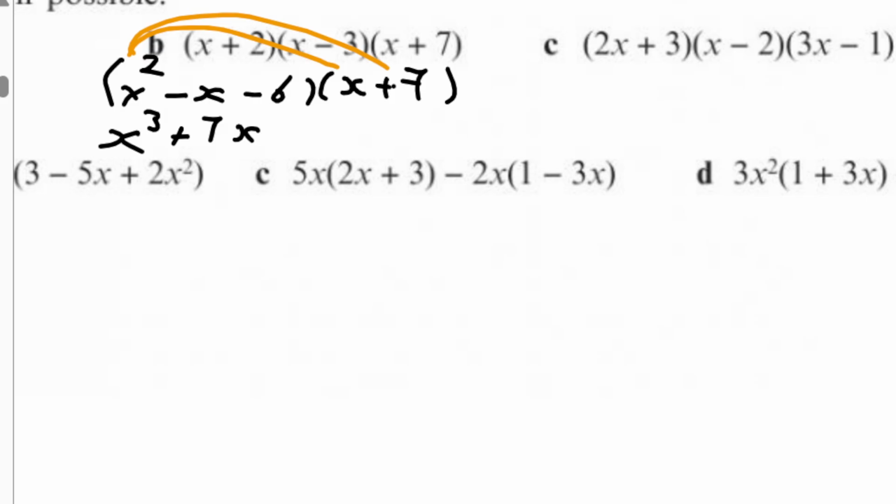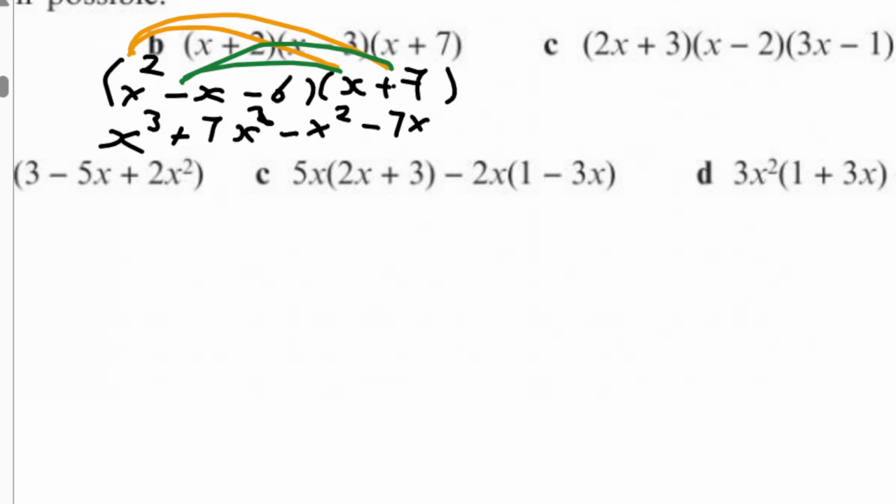Now let's do the minus x. Why is this pen not allowing me to write? Now minus x times x and minus x times 7. So minus x times x is minus x squared. Minus x times 7 is minus 7x.